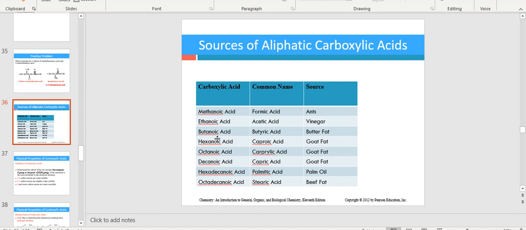So ethanoic acid is acetic acid, butanoic acid, butterfat, hexanoic, goat. Jeez, goat has a lot of them here, eh? Decanoic acid, and don't expect anything past this, but palm oil, which tends to be one of the most horrible things ever devised as far as the food industry goes, decimating our planet.